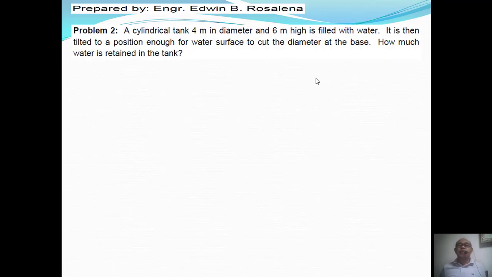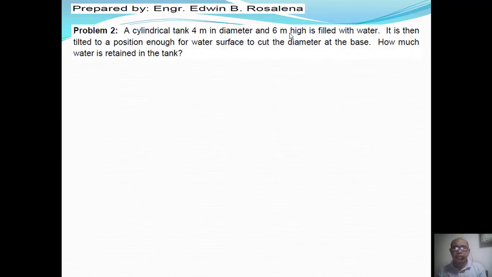A cylindrical tank 4 meters in diameter and 6 meters high is filled with water. It is then tilted to a position enough for the water surface to cut the diameter at the base. How much water is retained in the tank? Okay. So, originally, the cylindrical tank, 4 meters in diameter and 6 meters high, is fully filled with water.